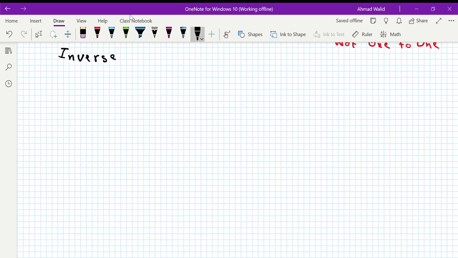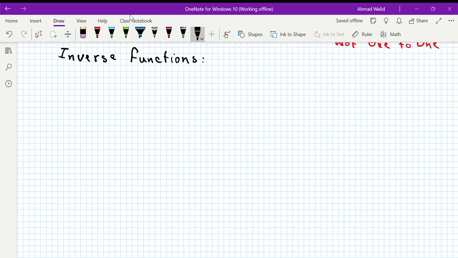When can you call two functions inverse to each other? In your book, they put a definition in this way. I will do the same thing, but I'll explain it in a different language also for you.